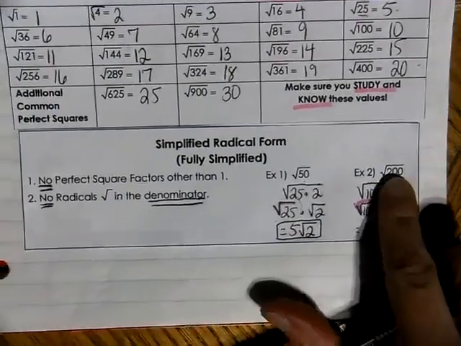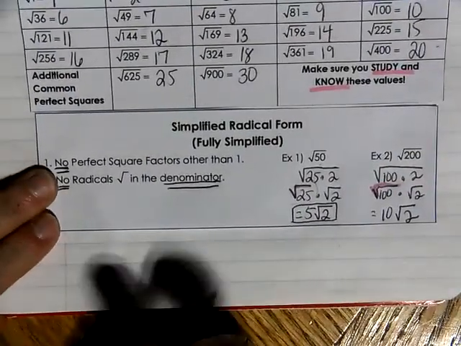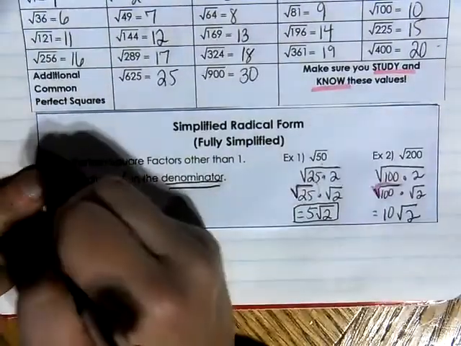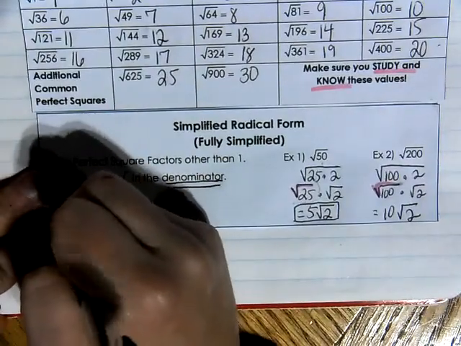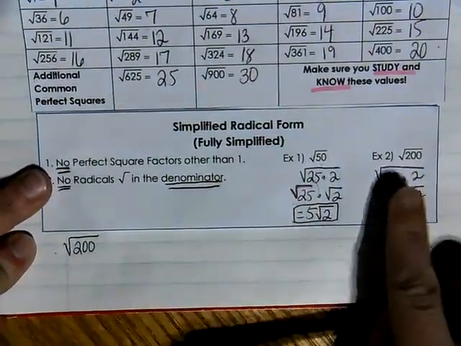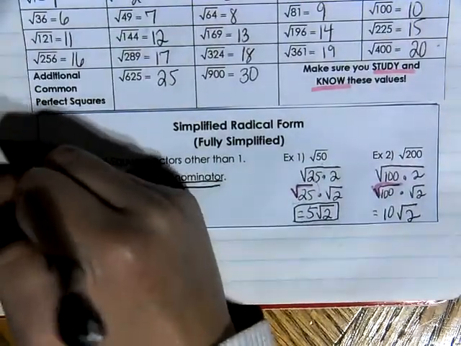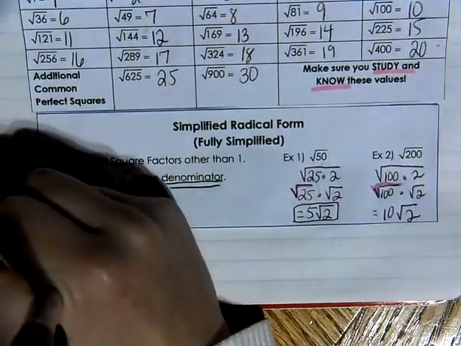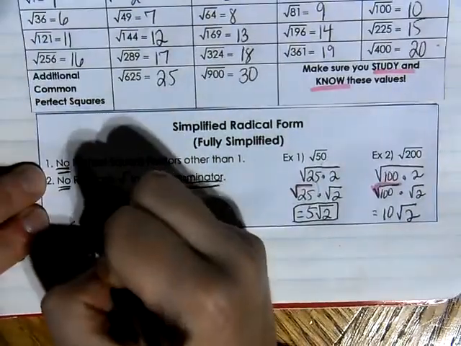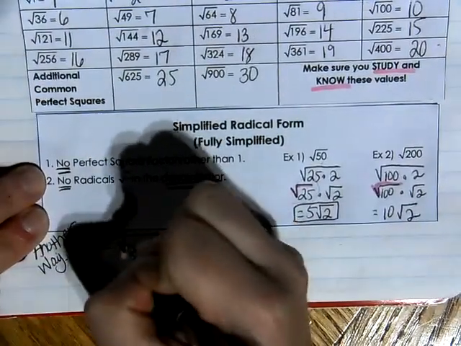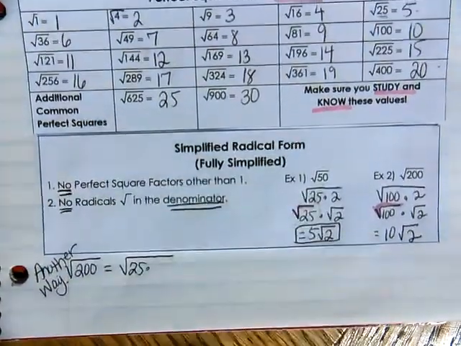All right, I'm going to do example number 2 one more time down here, but this is another way. What if you didn't recognize that 100 worked? What if instead you saw that 25 worked?